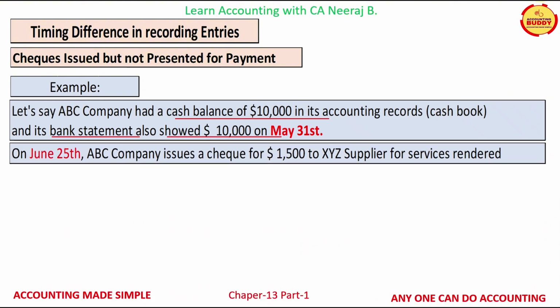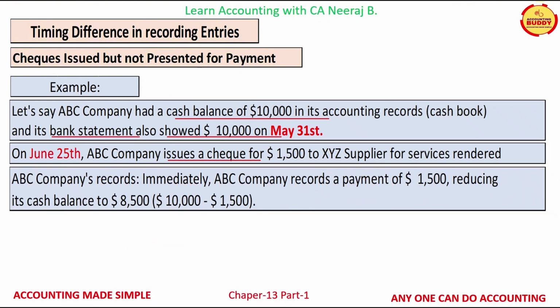On 25th June, ABC company issued a check for $1,500 to XYZ supplier for the services rendered by them. ABC company immediately records the payment of $1,500 and thus reduces its cash balance to $8,500.